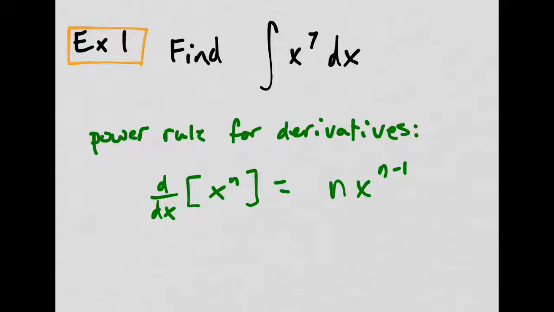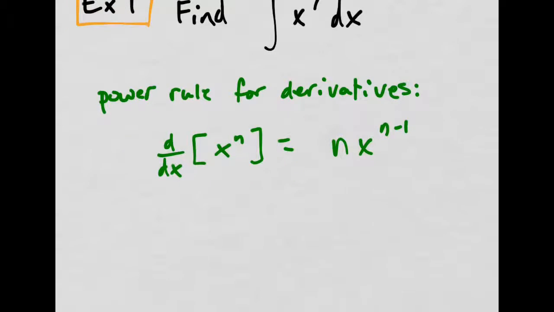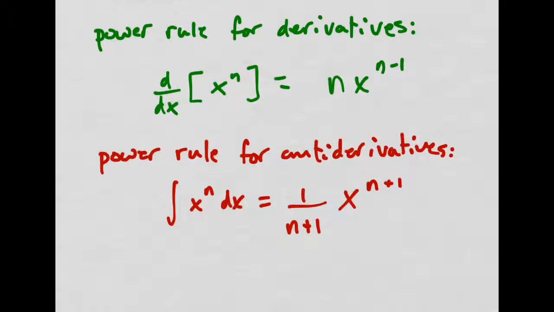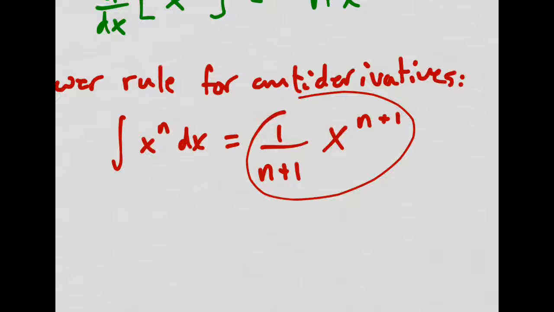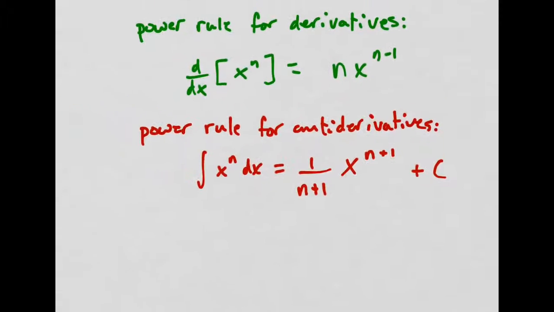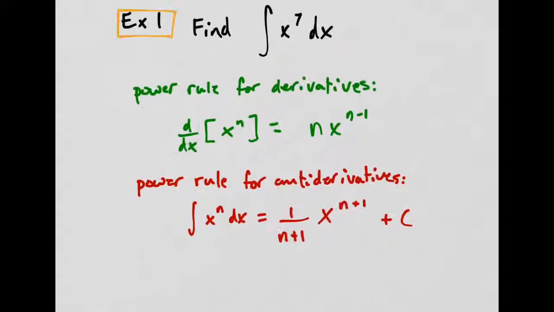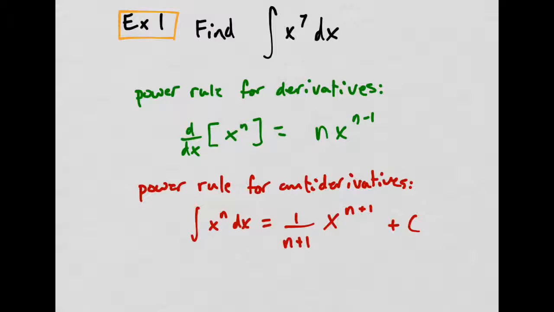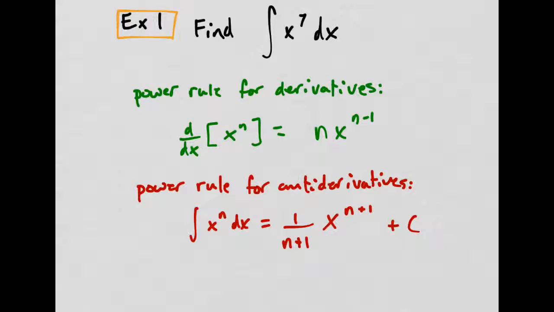If you're getting the antiderivative, you're just going backwards. So the antiderivative formula is simply going in the backwards direction, and it's this formula right here. However, we have to add a constant, and I'll get to why in a moment. But there's the formula, and let's apply it to this example.